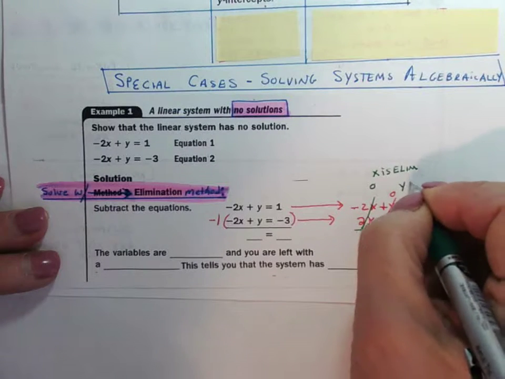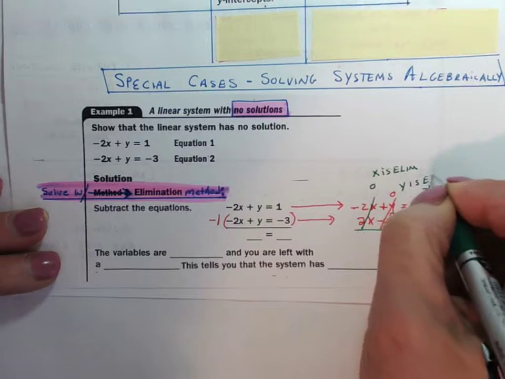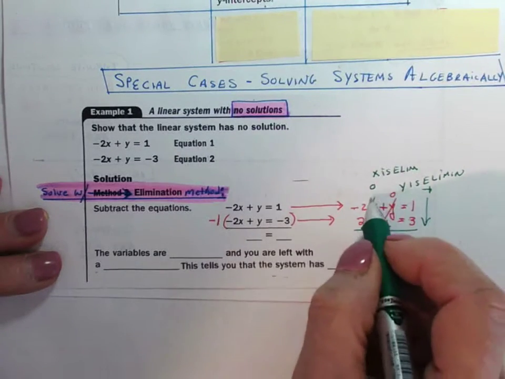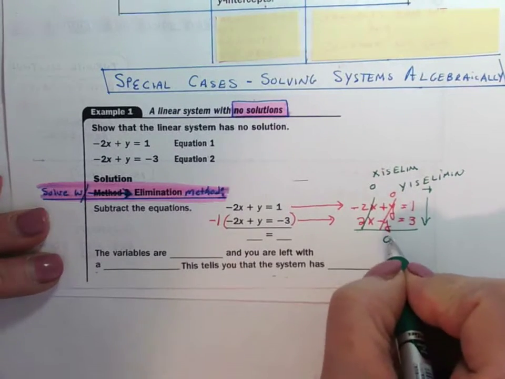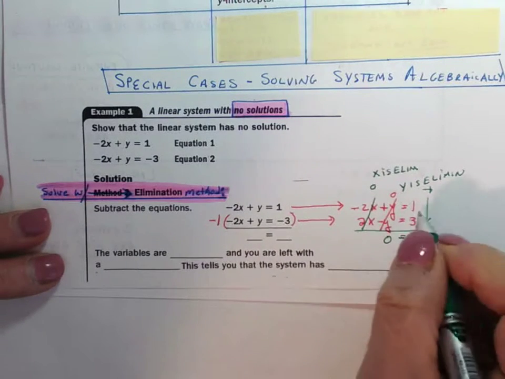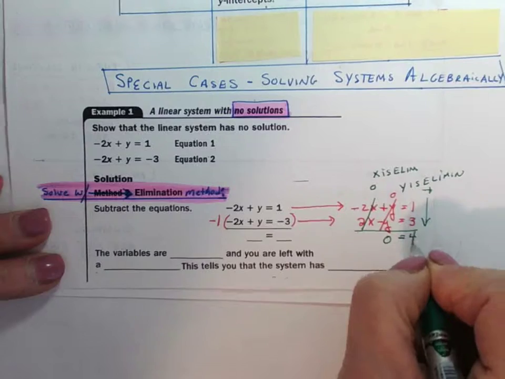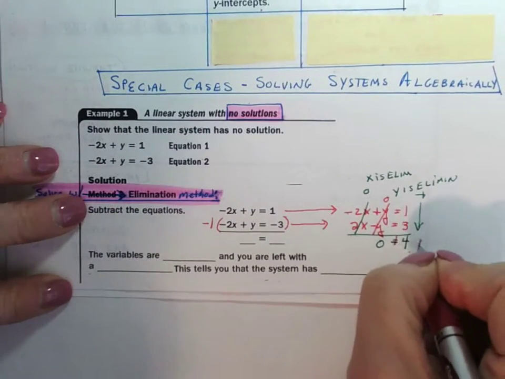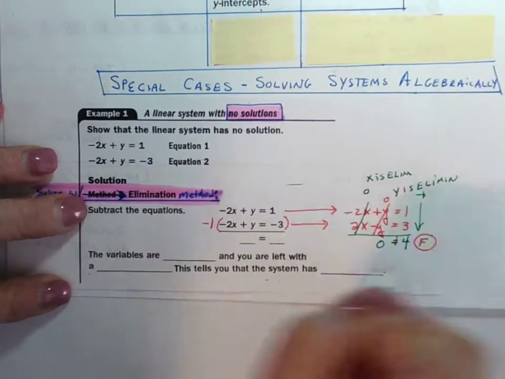So y is eliminated. 0 plus 0 is 0, equal to 1 plus 3 is 4. Notice this is false.